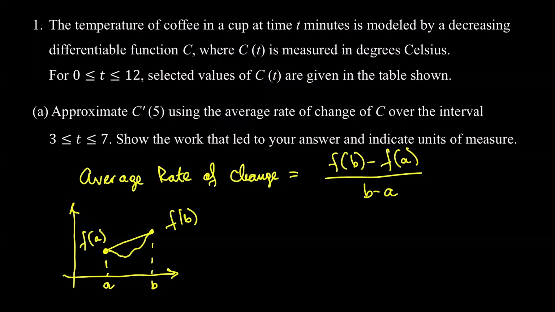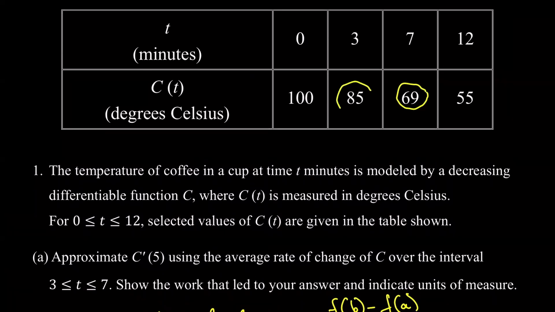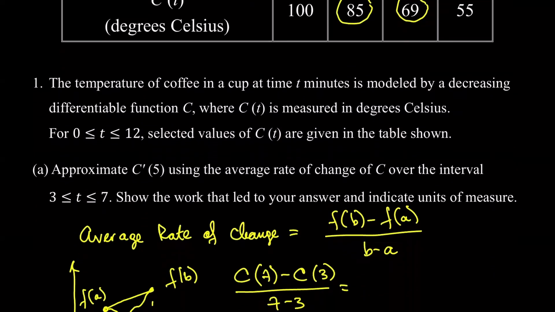And so let's use our specific numbers here. This is equal to c of 7 minus c of 3, divided by 7 minus 3. Looking at the chart above, we see that c of 7 is 69 and c of 3 is 85 degrees.